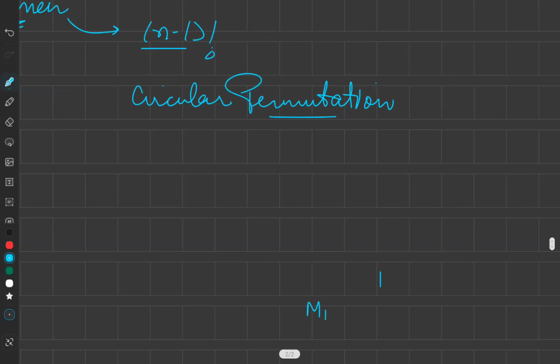So let's say we arrange them. Now when we have arranged them, we can assume spaces between them. Let's say the space between m1 and m2 is s1, between m2 and m3 is s2, and between mn and m1 it will be sn.